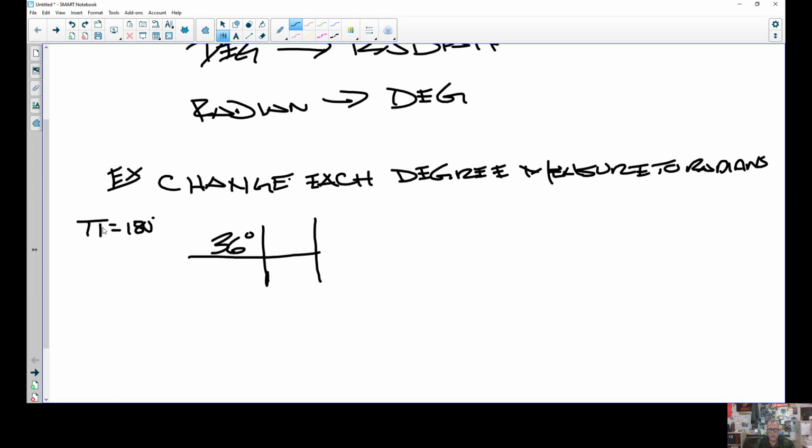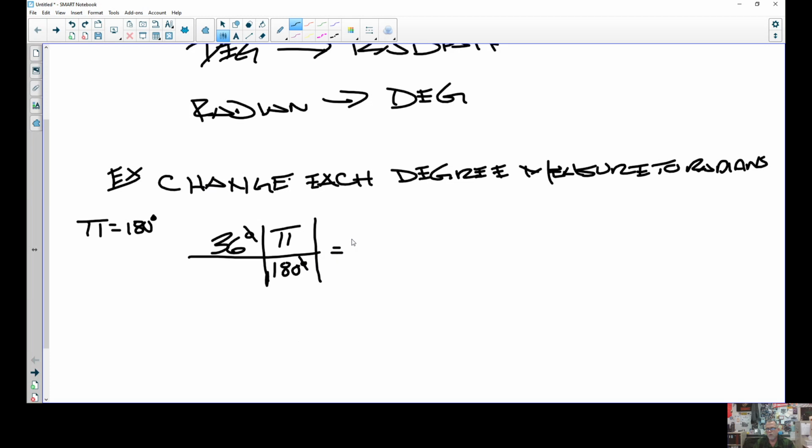So we use this equivalence in this ratio. We want to cancel our measures. So degrees are considered on top when we start out. So I'm going to put 180 degrees on the bottom here and then pi on top. So we have our new measure of radians on top and our degrees on the bottom. It's not truly this, but it's kind of the idea that the degrees cancel.